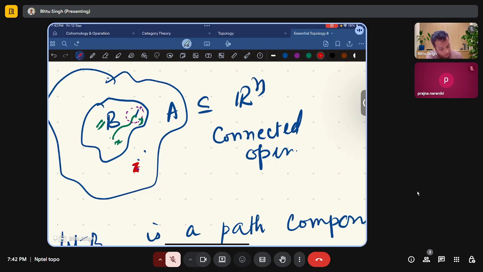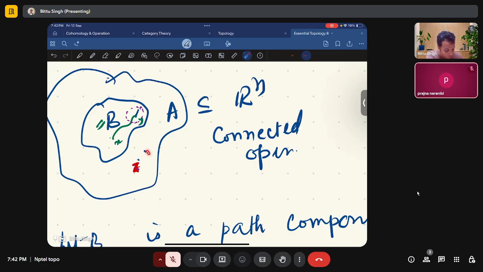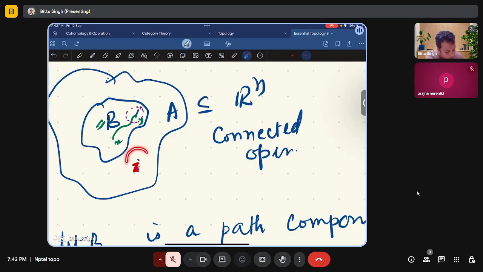Then you cannot connect those 2 points by a path, right? There does not exist any path. I have taken the point Z from the complement of the path connected component. Is it clear that there cannot be a path connecting X and Z? Yes, sir, that's clear.